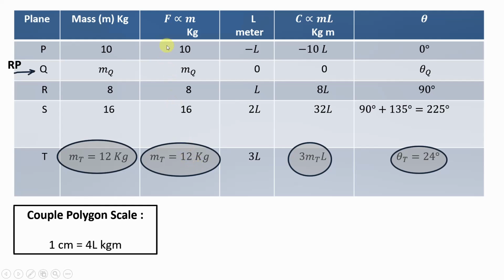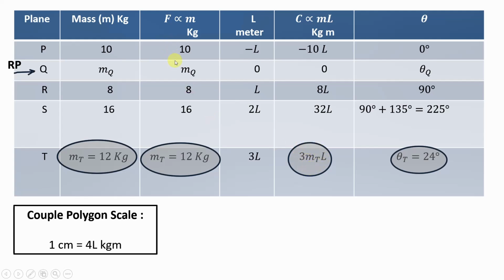Now always concentrate on these two columns before we draw the diagram, that is the force column and this couple column. So in the couple column there is only one unknown, that is 3MTL. Don't consider this L as the unknown for the time being. So it is minus 10, 0, 8, 32 and 3MT. So it is having only one unknown.